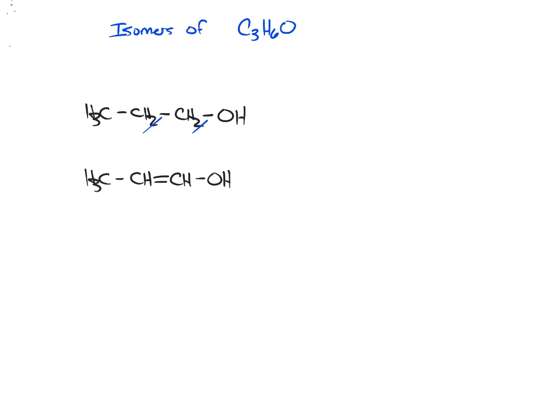So let's draw this as a zigzag. Then just think about ways you could move atoms around to still keep a valid molecule. You can move the double bond, and you'll still have the same atom count. If you don't believe me, go through, draw them in, and count them up.